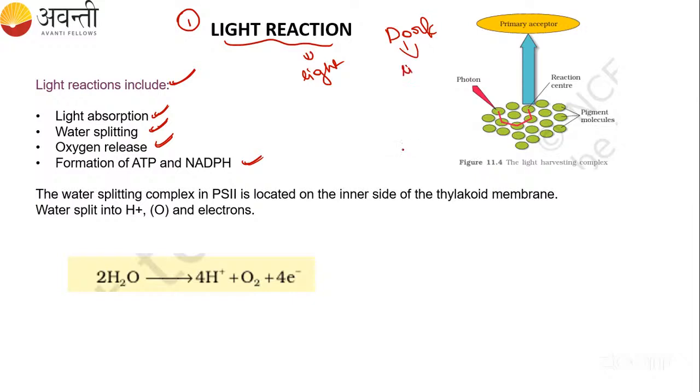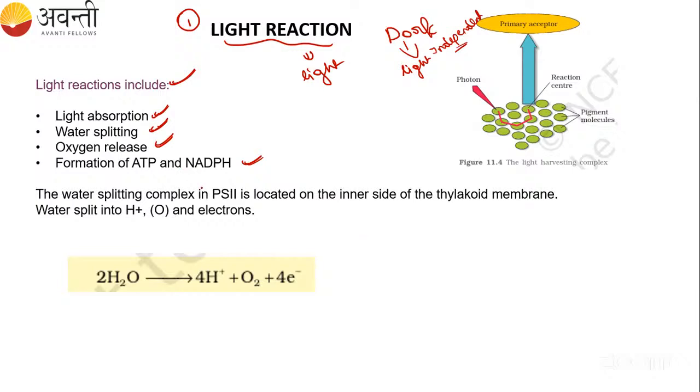It is light independent, right? Okay. It doesn't mean the dark reaction will not take place in the light. The dark reaction will take place in the light also, but it requires the product of the light reaction, not light. Okay, fine.